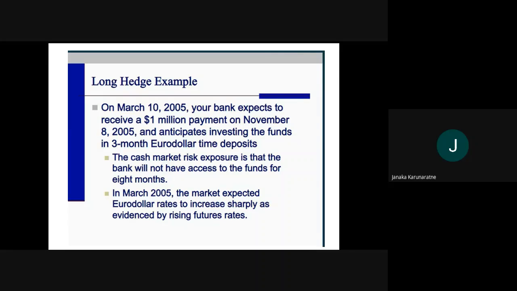So you can buy a futures contract, 3 months euro-dollar contract, maturing in, sorry, here November. So that you will make a gain in the futures market. You will make a loss in the cash market. Your cash market loss will be offset by the futures gain in the futures contract. So you will offset the risk.